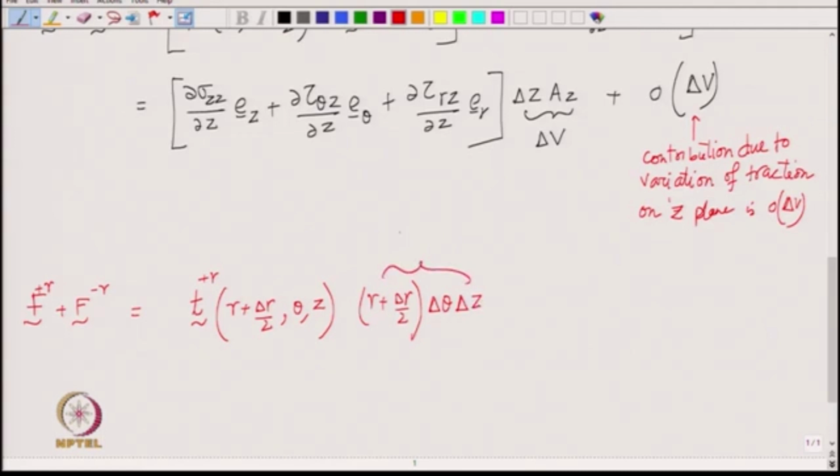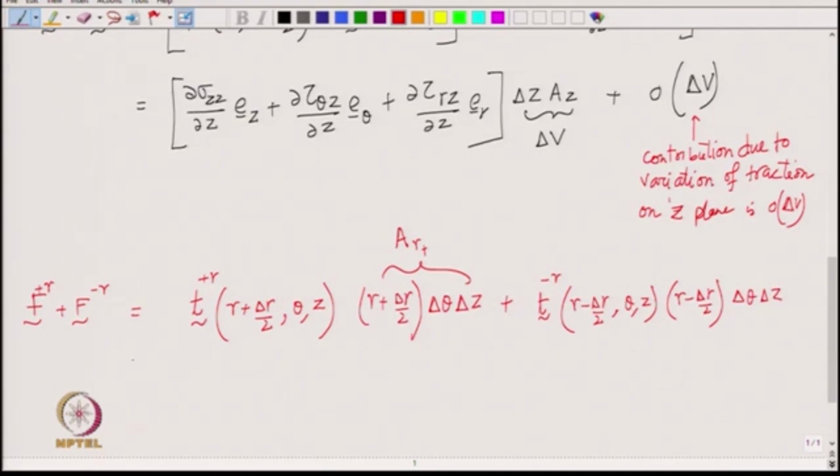So, this thing is area of r plus, the traction on negative r plane, but at small r minus delta r by 2 comma theta comma z, into small r minus delta r by 2 into delta theta into delta z, right.